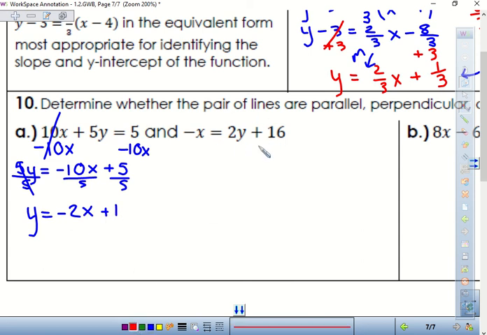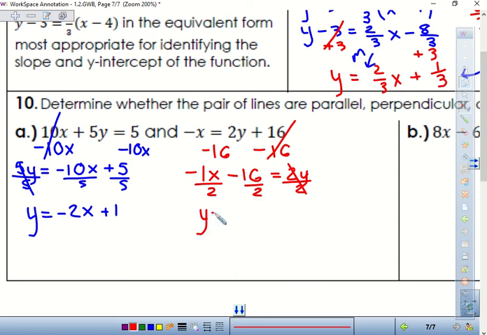Over here, we want to get y by itself, so we subtract 16 on both sides. We get negative 1x minus 16 is equal to 2y. And we divide everything by the 2. We get y equals negative 1/2 x minus 8.